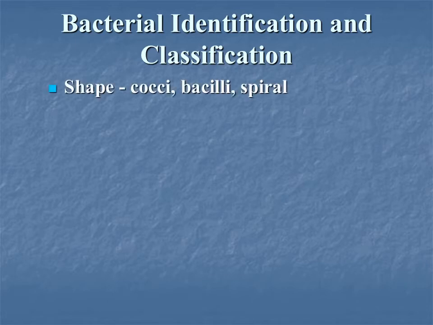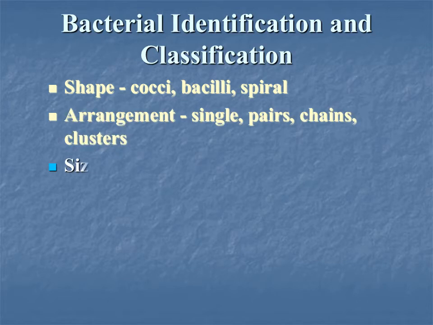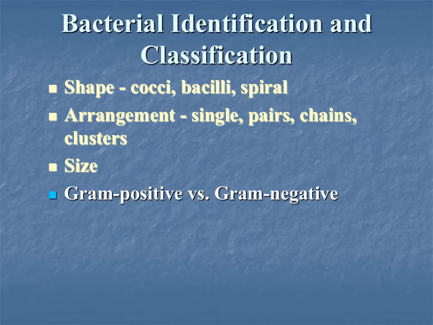Bacterial identification and classification. Bacteria can be classified according to the shape. It can be cocci, bacilli, spiral shaped bacteria. Arrangement: single, in pairs, in chains, in clusters. According to the size, they can be small, middle size, or big microorganisms.